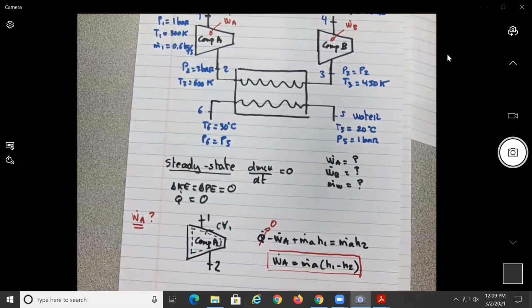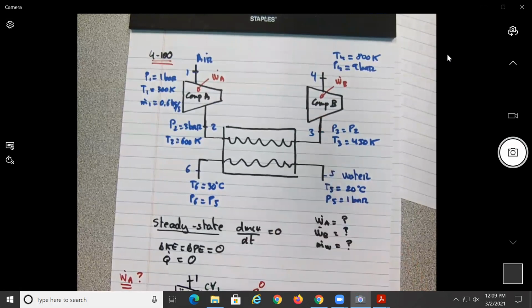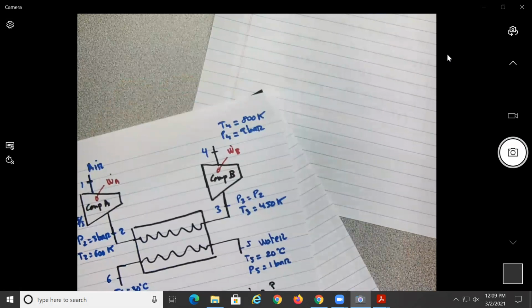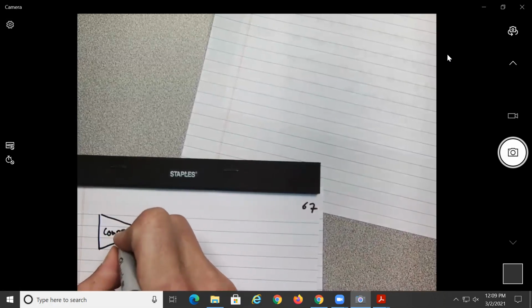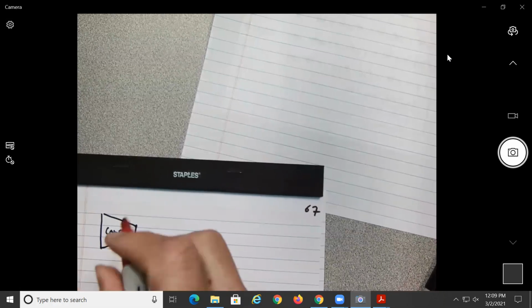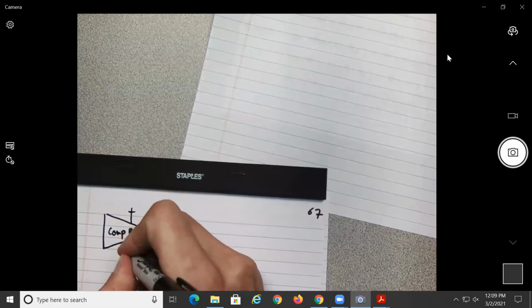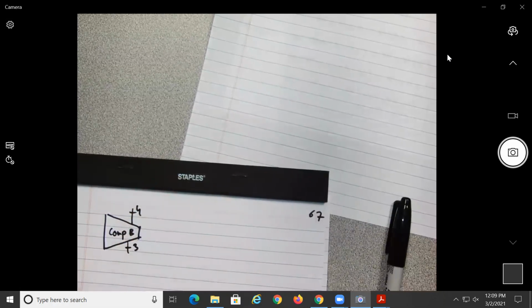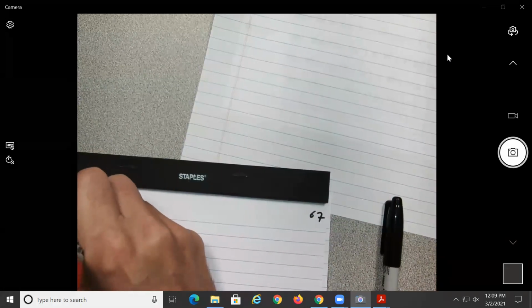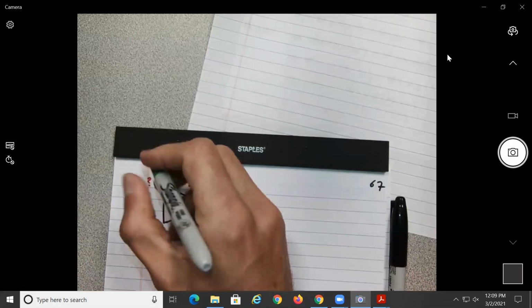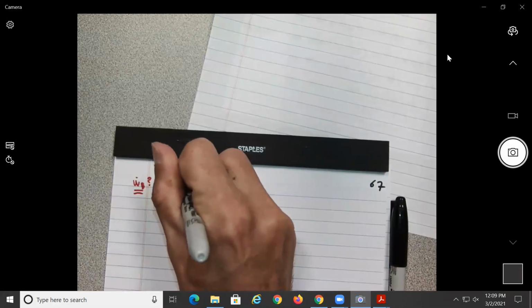We do exactly the same thing to find the power of B. You take a new control volume, which is compressor B, with states 3 and 4.